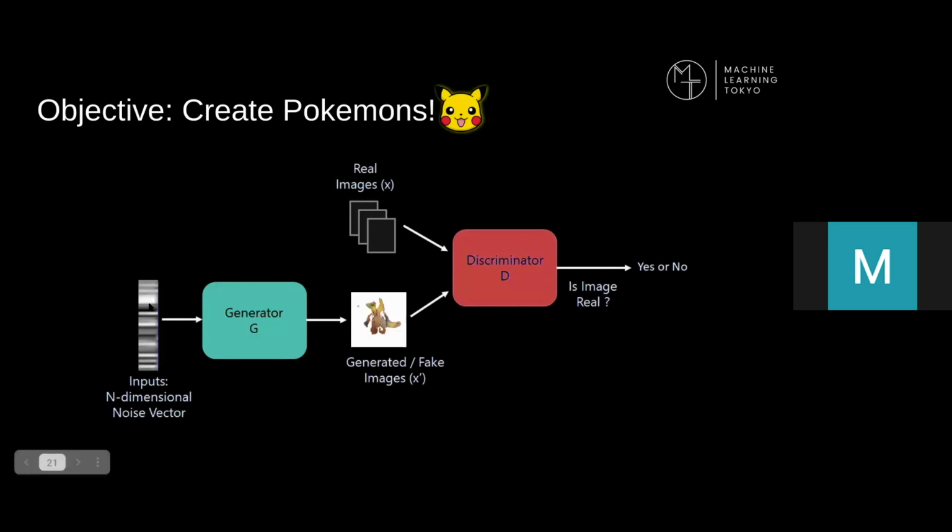While implementing, we are going to give the generator an n-dimensional noise vector. From that, the generator tries to create a Pokemon to the best of its ability, and the discriminator tries to say whether it's a real Pokemon or a fake Pokemon from the generator. That is the entire idea behind this image.